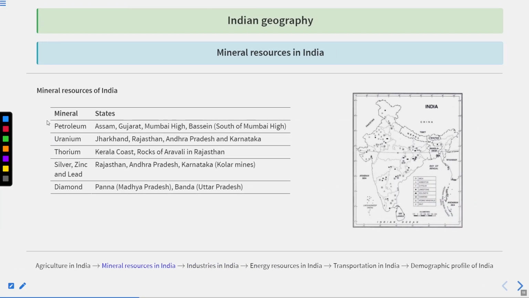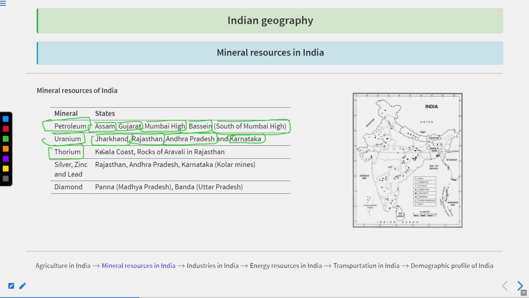Thereafter, the petroleum, found in Assam, Gujarat, Mumbai High, Bassein. It is south of Mumbai High. Uranium, found in Jharkhand, Rajasthan, Andhra Pradesh and Karnataka.